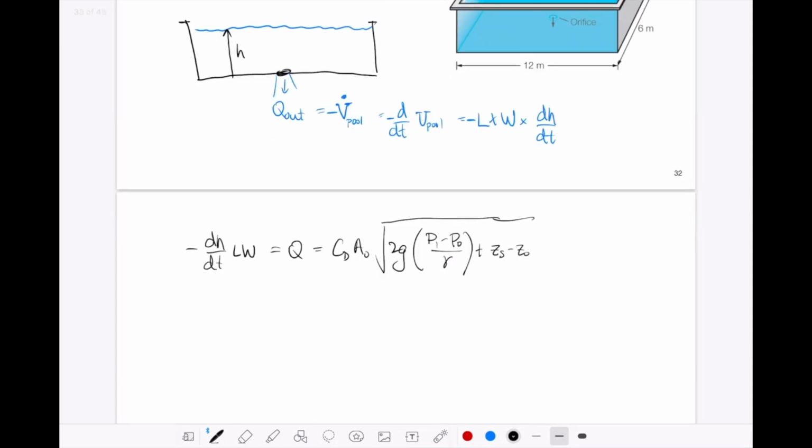So how can we simplify this? What are some terms we can get rid of here? So this is a pool. What is P1? Or I guess we could call it P, the surface. P0 is 0, yeah. What about P1 or P surface?